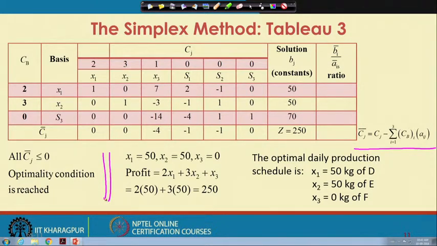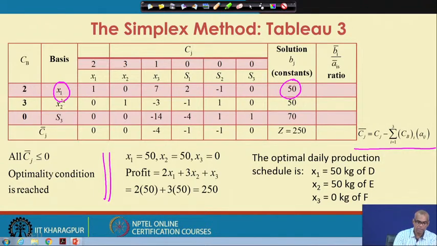And at optimal condition, the basic variable x1 is 50, the basic variable x2 is 50. Non-basic variable S3, which is a slack variable, is 70, but this does not participate in the computation of objective function z.